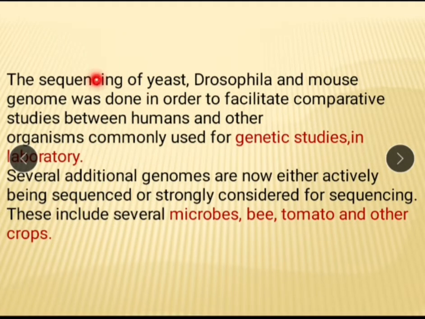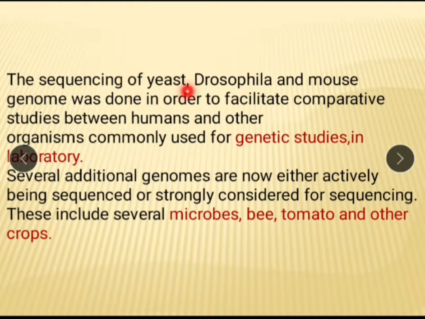The sequencing of yeast, Drosophila and mouse genomes was done in order to facilitate comparative studies between humans and other organisms commonly used for genetic studies in the laboratory. You know Drosophila melanogaster, the tiny fruit fly, was used by T.H. Morgan for the study of genetics.